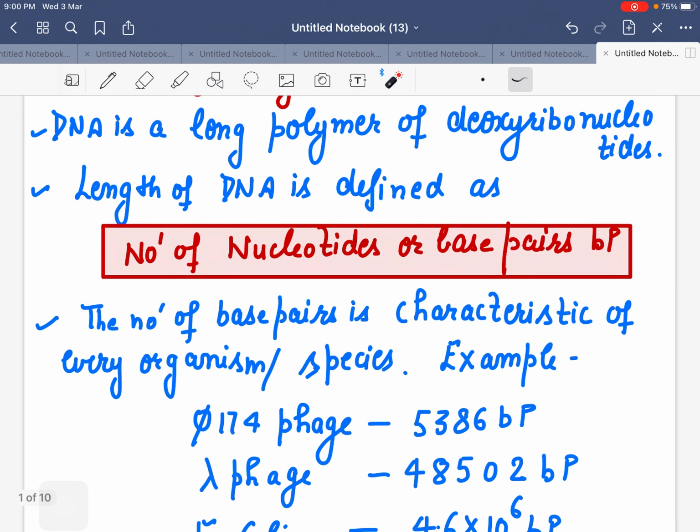So the length of DNA: how many base pairs are attached on this DNA? Now I have drawn this DNA in a very easy form, but actually these are all my nucleotides. One nucleotide, second nucleotide, third nucleotide, they are making this structure. So the number of nucleotides, or basically base pairs, gives us the length of DNA.